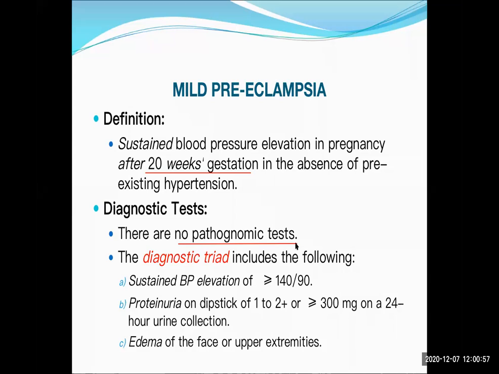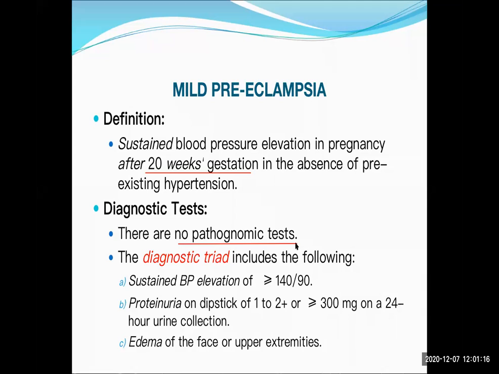Anti-double-stranded DNA is associated with SLE. These are certain examples. If those things are there, then we almost confirm that disease is present in the patient. So there are no pathognomonic tests to make sure that this is a case of preeclampsia.